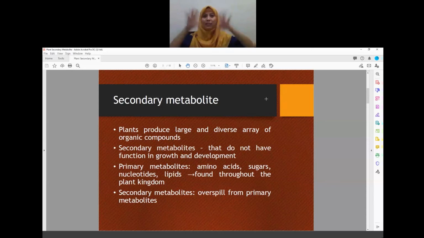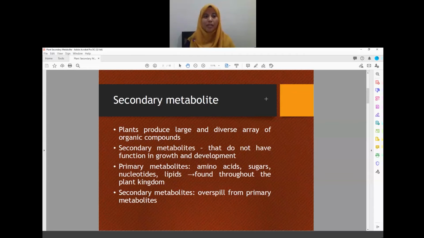Actually, if you try to classify these plant compounds, there are a lot of categories. But from a large perspective, we usually look at two things. Primary compounds directly contribute to plant growth and development, so we call those metabolites primary.